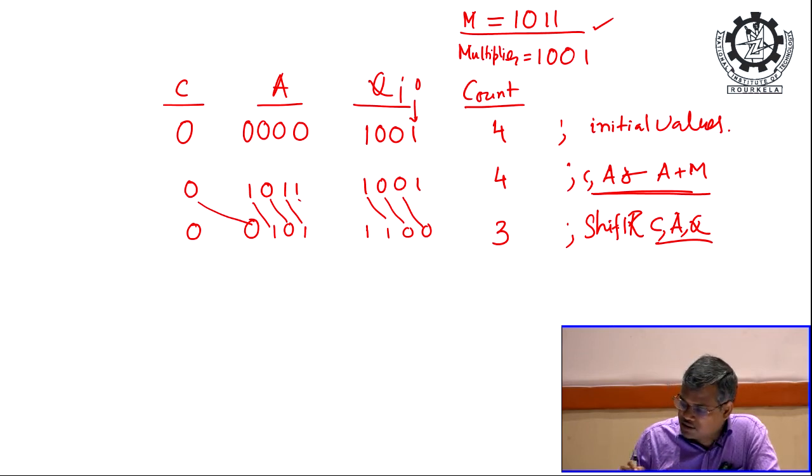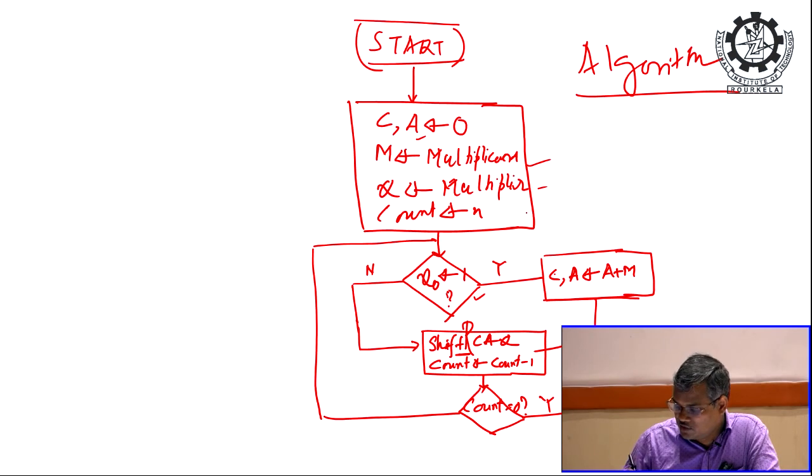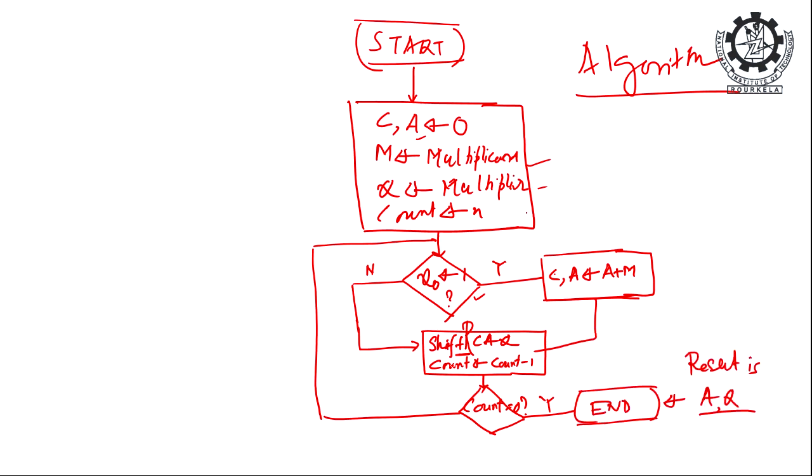Now, the counter is not 0, so again you have to see the Q 0 bit, the Q 0 position. For understanding we can put 1 here, as we earlier put 1 here. So, it is 0, so no need to do any addition, we simply do the shift. If you see the algorithm here, if it is 0 then only shift and reduce the counter.